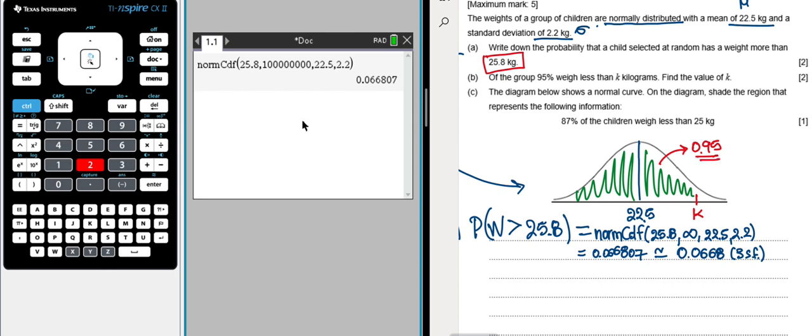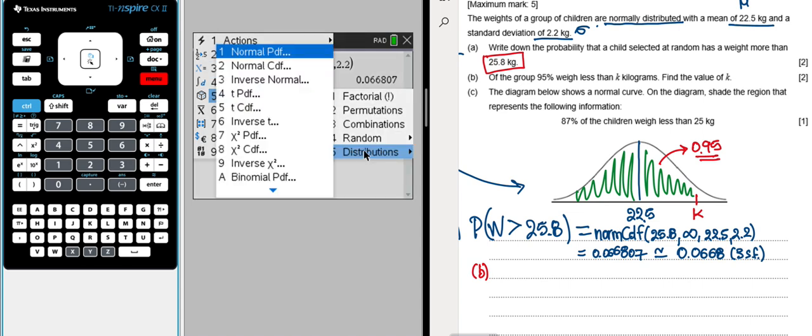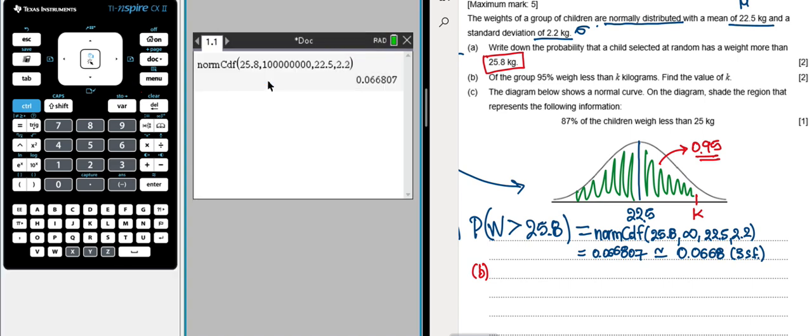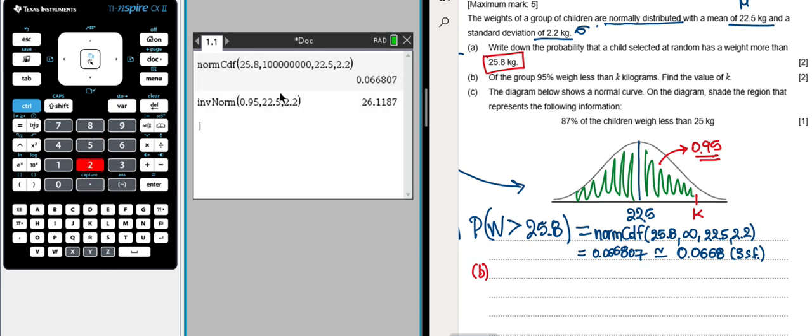And to calculate part B, I should use the inverse normal distribution because I have the probability, and I need to find the value of k. So I'm working backwards. So that would be now probability distributions and then inverse normal distribution. And now the area under the curve would correspond to 0.95. The mean is 22.5. The standard deviation is 2.2. And then once you press OK, you should get the correct answer, which is 26.1187.